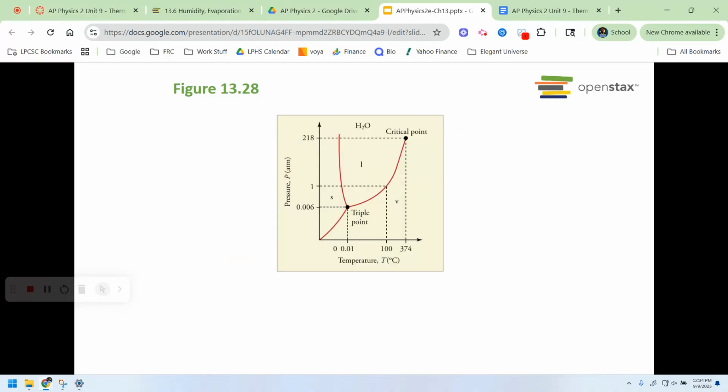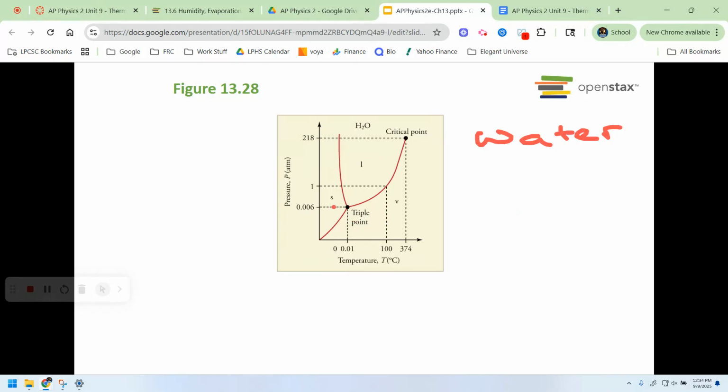The next thing we want to talk about: whenever I have a pressure versus temperature diagram, and this is one for water, let me just mention that this is for water, right? Note that the axes are nonlinear and that the graph is not to scale. So in other words, the distance between here and here, and from here to here, is not scaled properly, but we draw it this way.